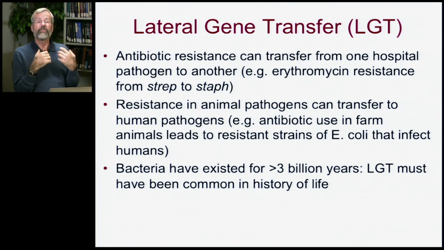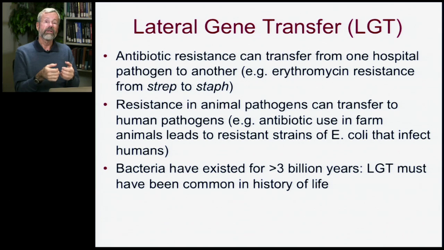Bacteria have been around for billions of years, and so lateral gene transfer must have been common throughout the history of life, even well before the origins of the first eukaryotes.